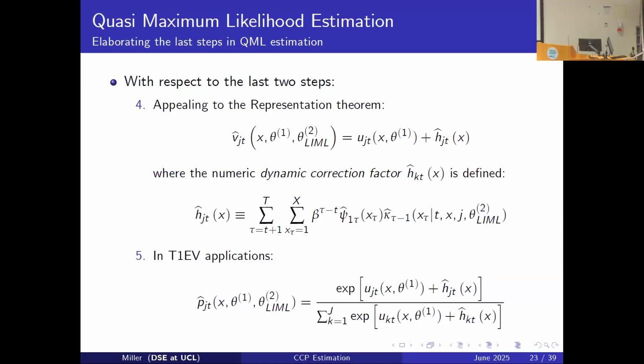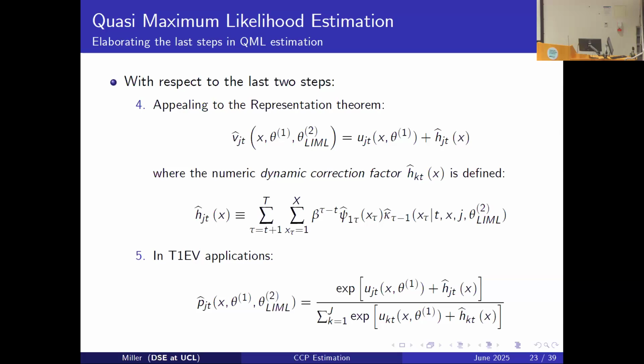And that H hat, in the case where we're normalizing the utility from the first action equal to 0, and then we're always taking the first action out, all we're doing is putting in the correction factor for the next period, the correction factor for the following period, et cetera, discounted out, summed, and then taking into account where you might go, all the way to capital T. Similar thing if you're going to infinity.